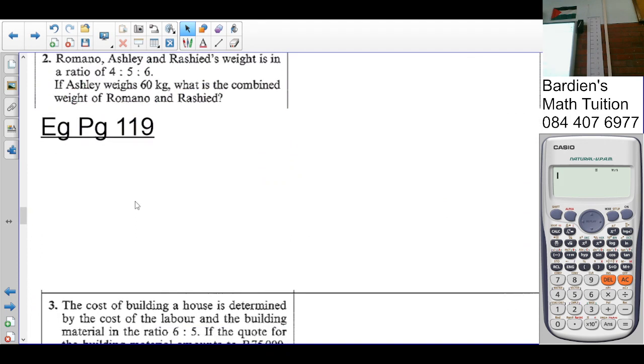Okay, number 2. Romano, Ashley and Rashid's weights are in the ratio 4:5:6.